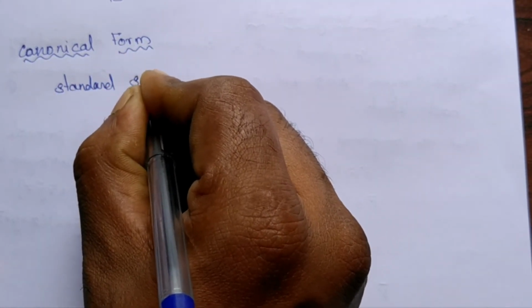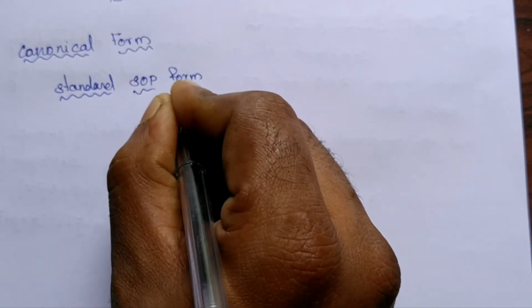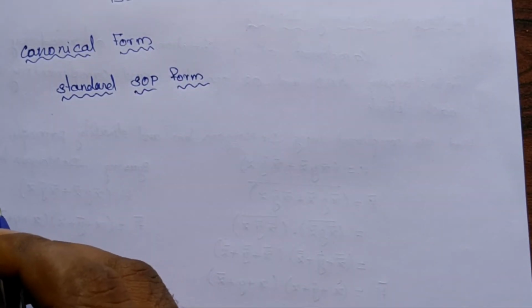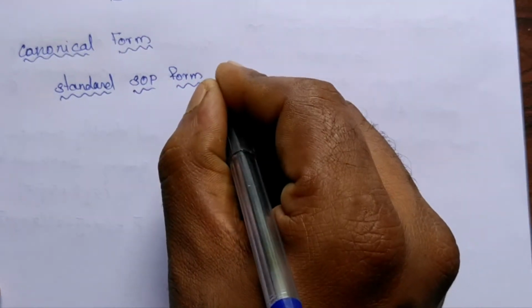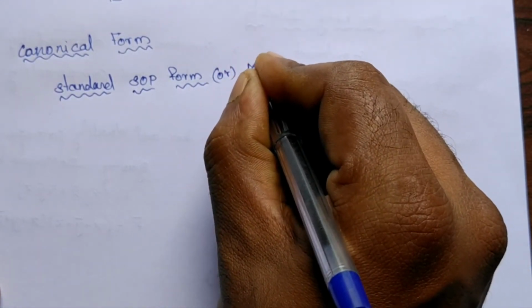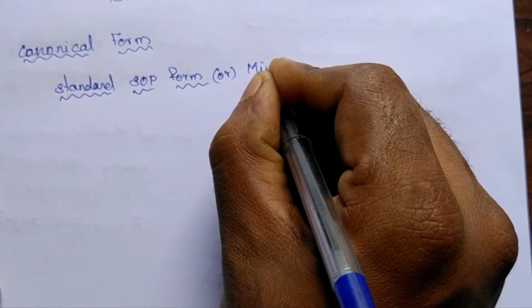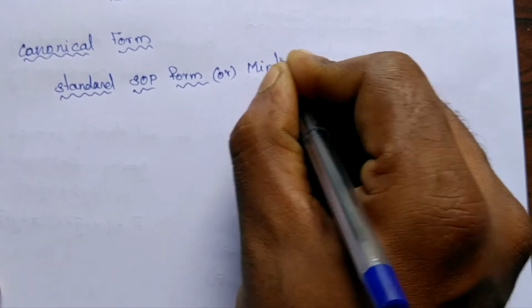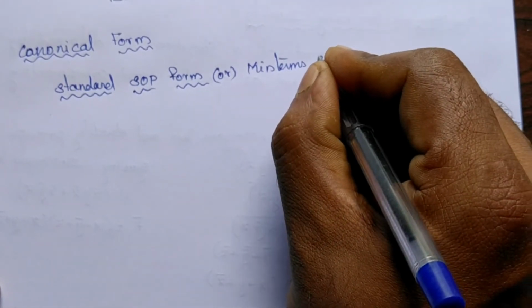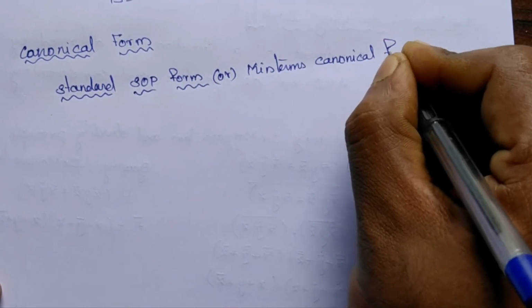Standard SOP form are also called as min terms. The sum of product terms also called as min terms canonical form.